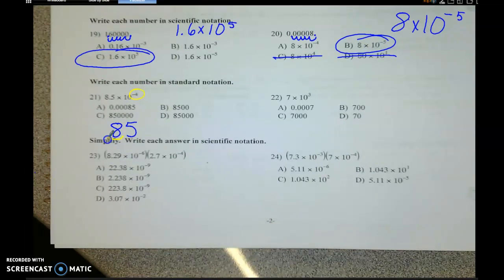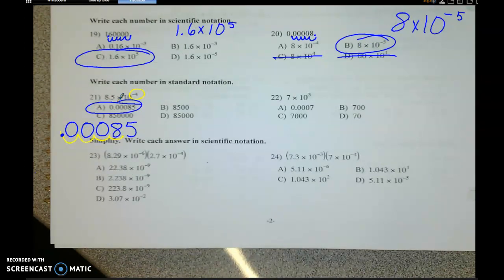So I move it 1, 2, 3, 4. So that means that I have a 0, a 0, a 0, and then the decimal. So that means that A is the answer. And guys, really, just by noticing that negative exponent, you could pick out A as the answer just because it's the really small answer.